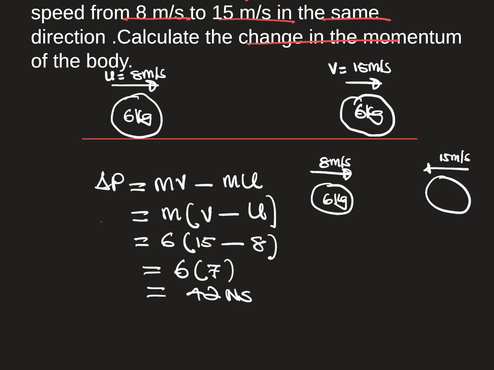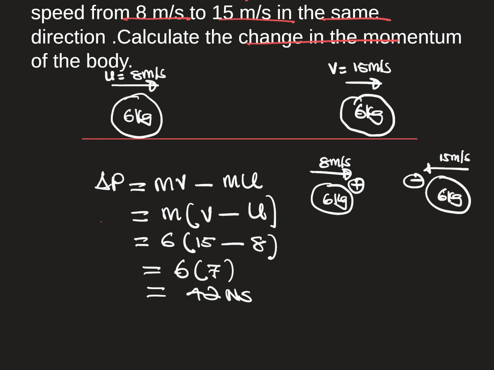If the object is moving towards the right, it's the positive sign. If it is moving towards the left, it is a negative sign. That is what you need to know.